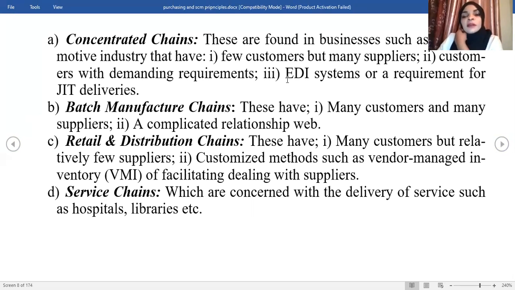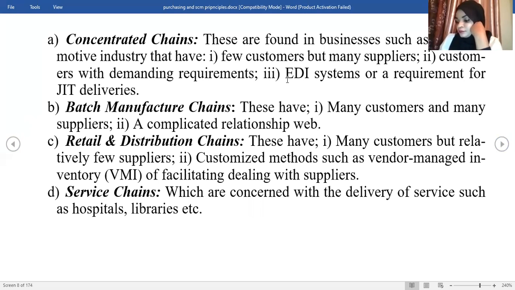So EDI systems, these are electronic data interchange systems, where we are trying to use technology to ensure that you achieve more and your service is more accurate.